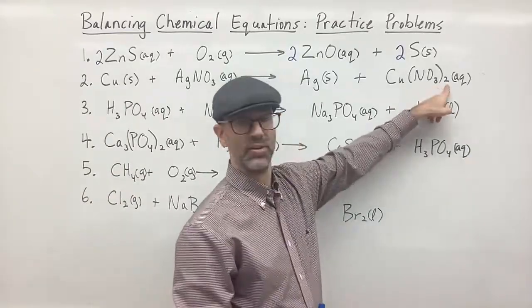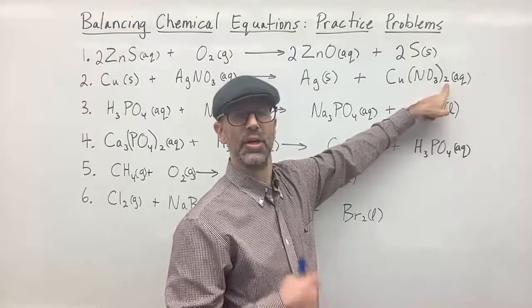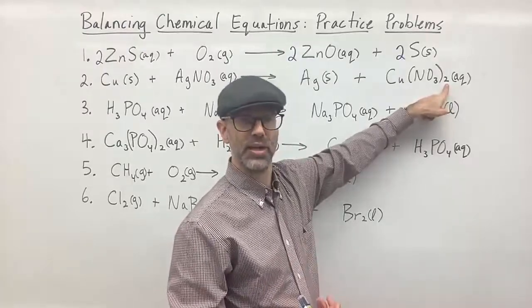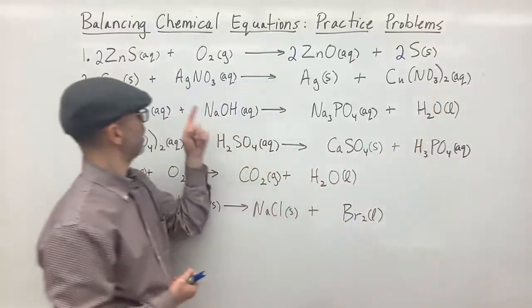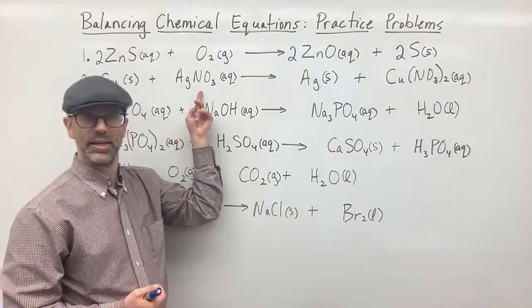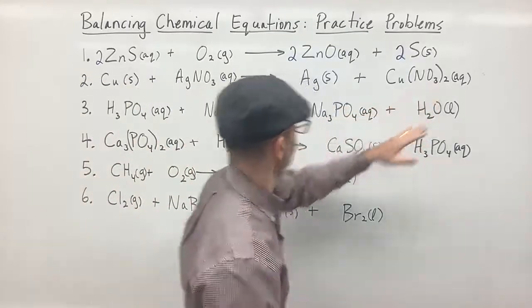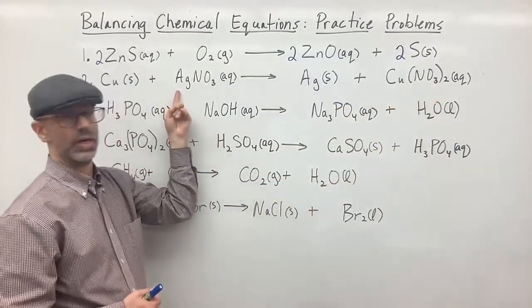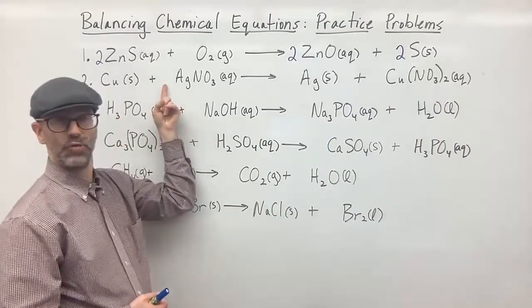It's in parentheses, and that means I have this 2 here. That means I have 2 nitrate ions here, but I only have 1 nitrate ion there. So I need to balance the nitrates. So since I have 2 here, I'm going to need 2 here. So the only thing I can do is put the coefficient.